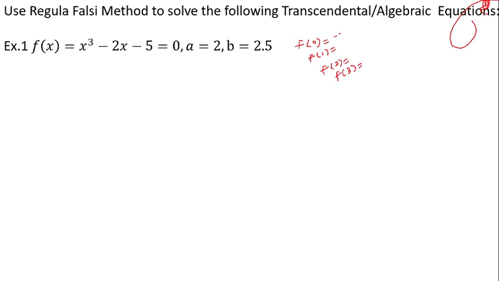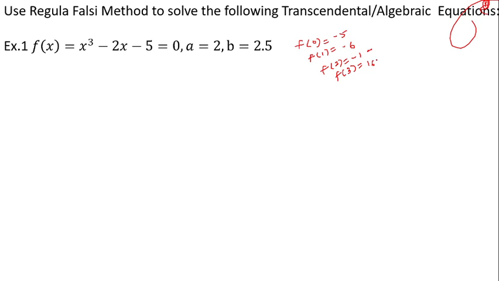What is f of 0? Minus 5. Find f of 1. 1 minus 7, so it's minus 6, right? Then if you put 2, 8 minus 4, 4 minus 5 is again negative, minus 1. But if you put 3, it's 27 minus 21 minus 5, 16.